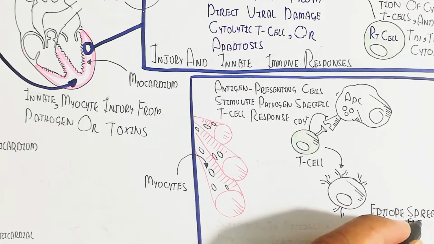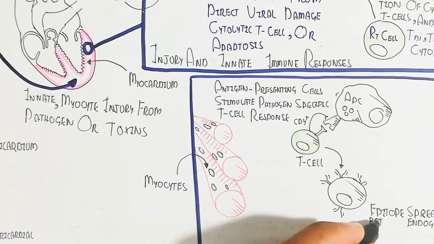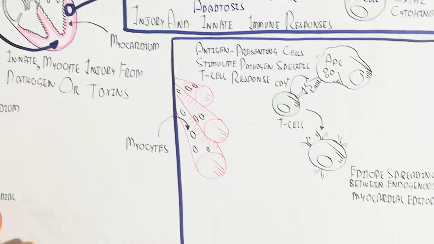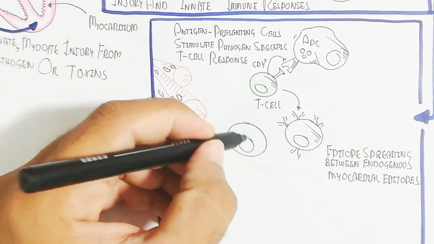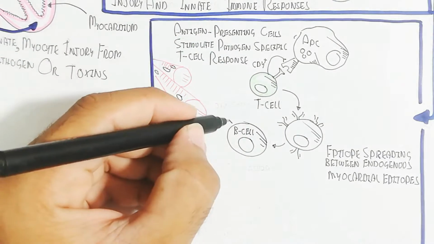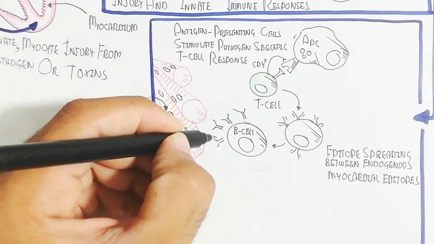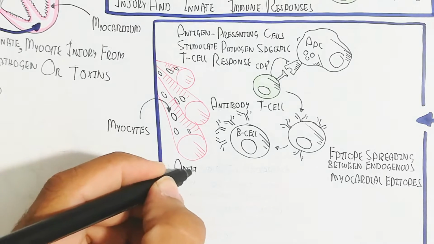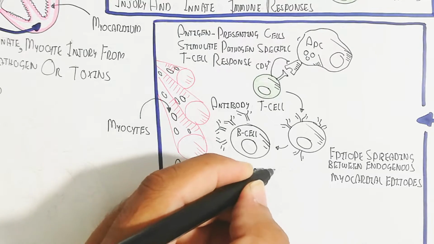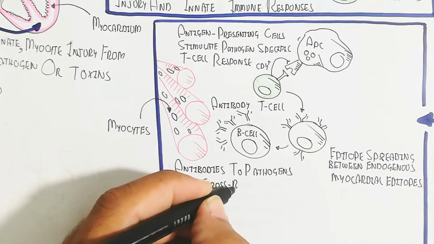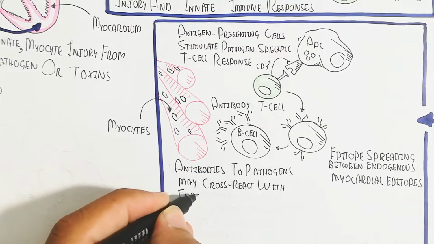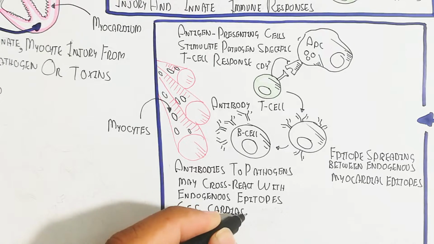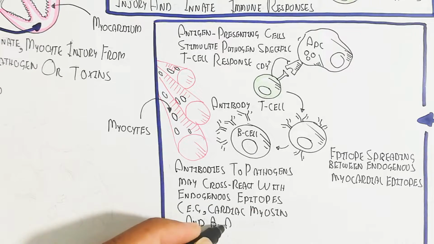These antibodies can be against, for example, the pathogen. So epitope spreading occurs between endogenous myocardial epitopes. The antibodies to the pathogen may cross-react with endogenous epitopes like cardiac myosin and the beta adrenergic receptor. In this way, the antibodies will inhibit the myocyte and lead to apoptosis of the myocyte.